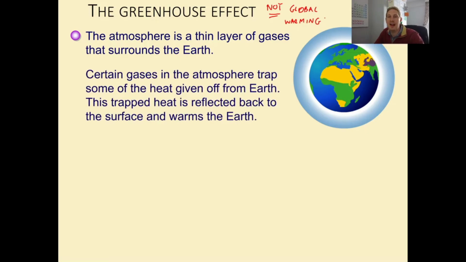Certain gases in the atmosphere trap the heat given off from the Earth. This trapped heat is reflected back to the surface and warms the Earth. We'll look at this in more detail in a second. Don't worry if that doesn't make sense right now.